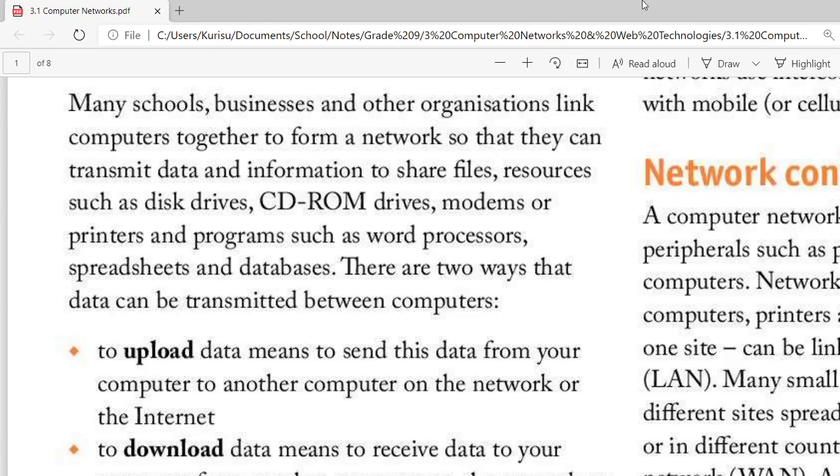Now, other persons would not be able to access that printer because it is connected to your computer. What you can do over the network is share that printer. There's an option that when that printer is connected to your computer, you are able to share that printer over the network. So whoever is a part of the network would be able to access that device also. So that's one example of being able to share resources.